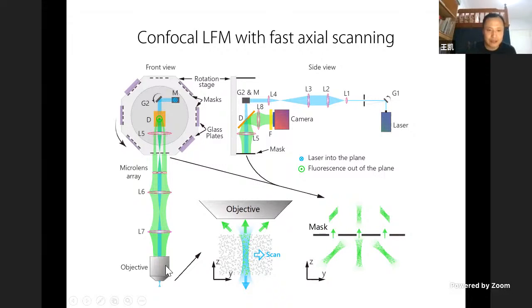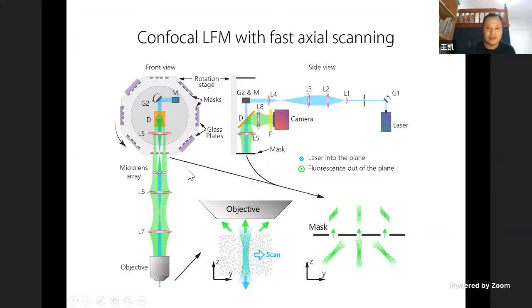This is the schematic of our setup. So this is the objective, and with this 4F system, we conjugate the microlens array to the back pupil of the objective, and we put in this physical mask, and this is a glass plate mounted on a rotating wheel. So when this wheel is rotating, the mask and the glass rotate at the same time.